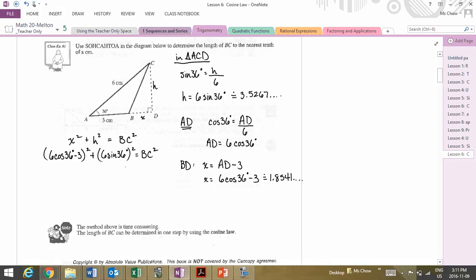If you enter that all into your calculator at once and hit enter, we will see that BC squared is approximately 15.8753. If we take the square root of that, we will see that BC is approximately 4.0 centimeters rounded to the nearest tenth.